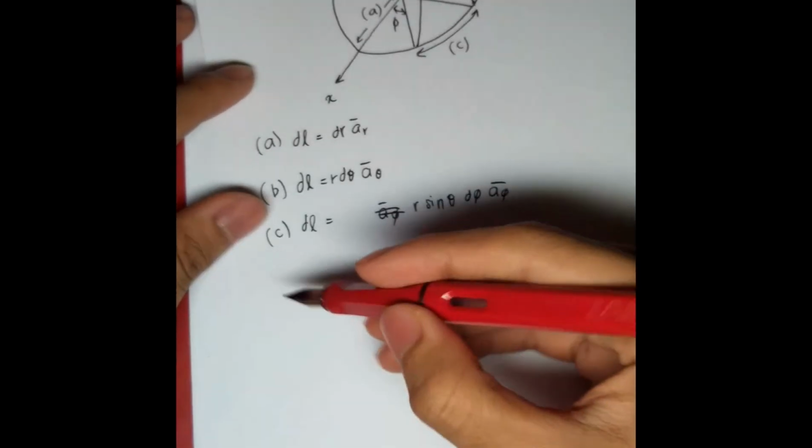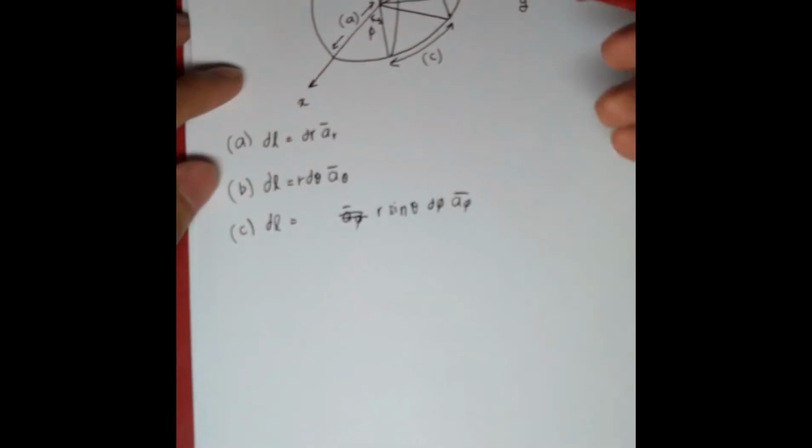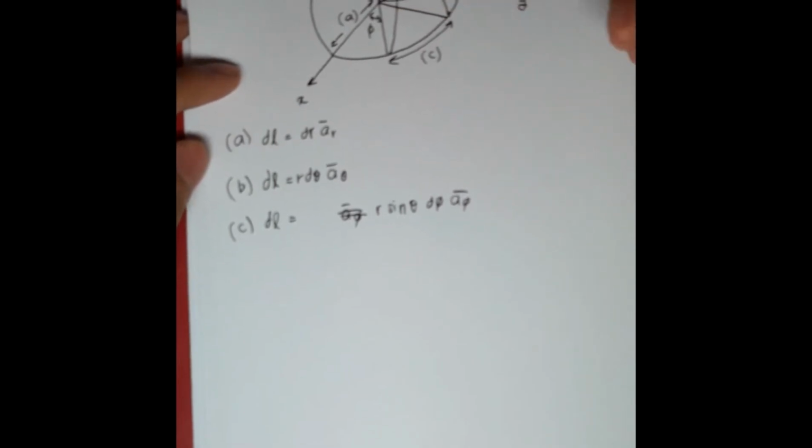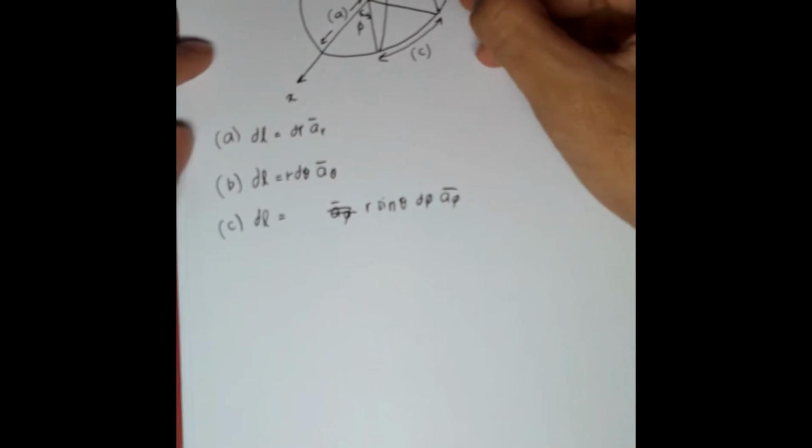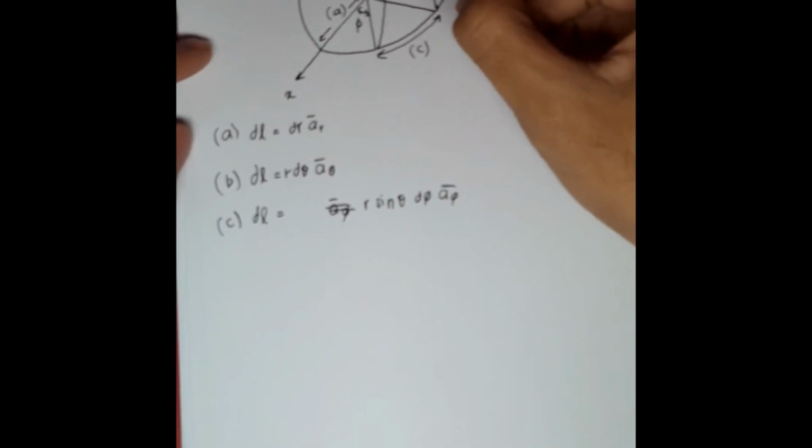Now for the differential surface of spherical coordinates, for example, we can use this surface up here.